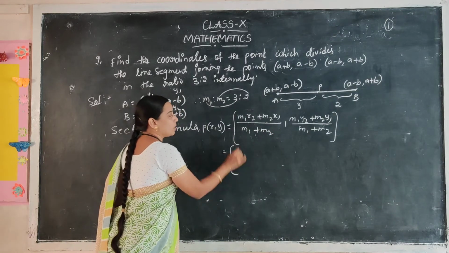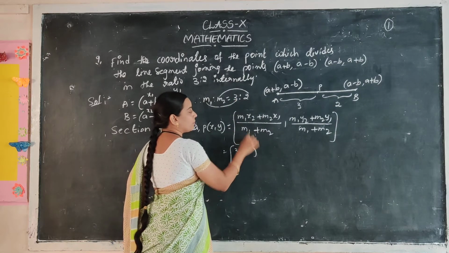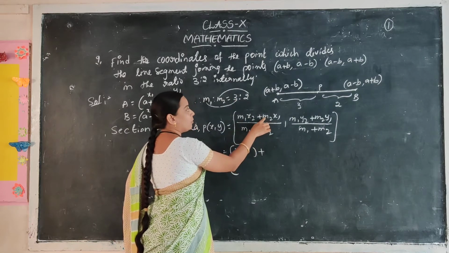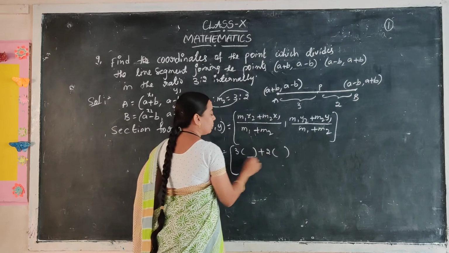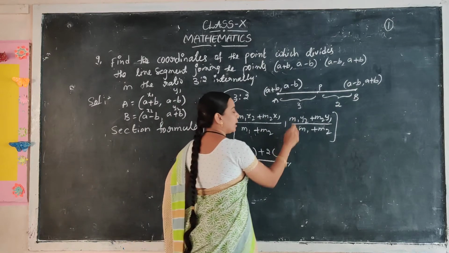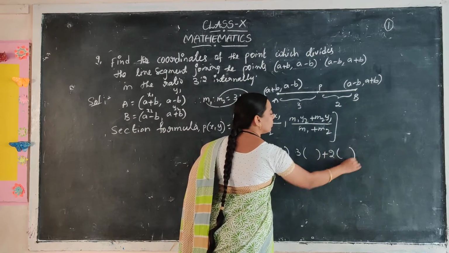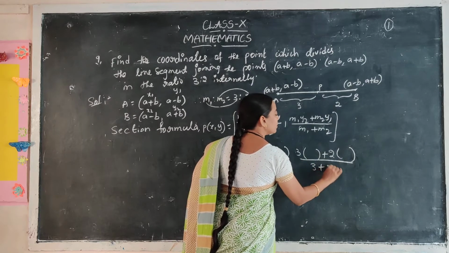First substitute the m1, m2 values: 3 of something, leave it, 2 and leave it, by m1 plus m2, which means 3 plus 2. Next, in the same way, m1 value 3 and m2 value 2, by 3 plus 2.